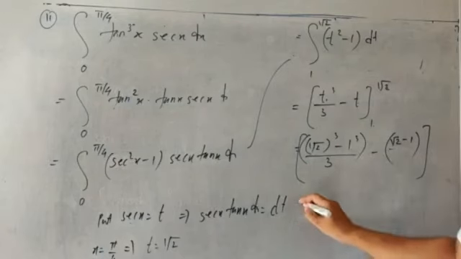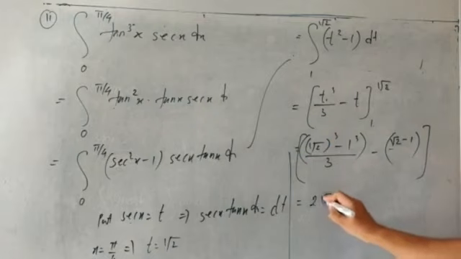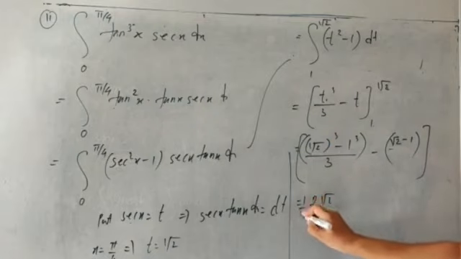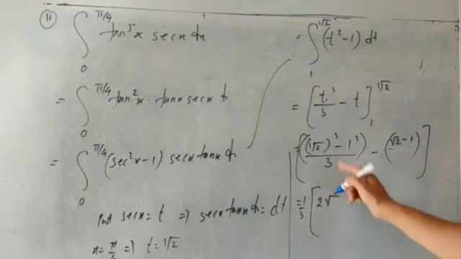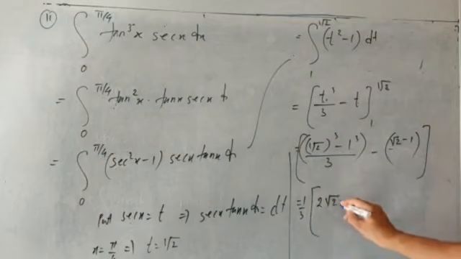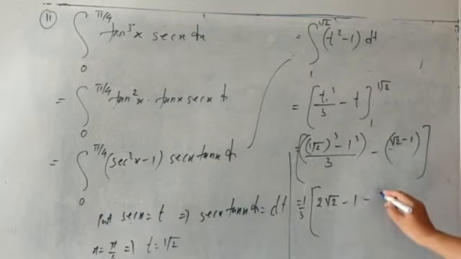Root 2 cube is 2 root 2. If you want, you can keep this 1 by 3 outside. So it is 2 root 2, because root 2 square is 2. 1 cube is 1. Minus root 2.